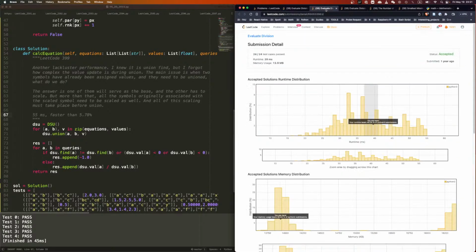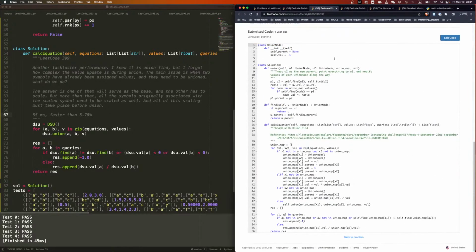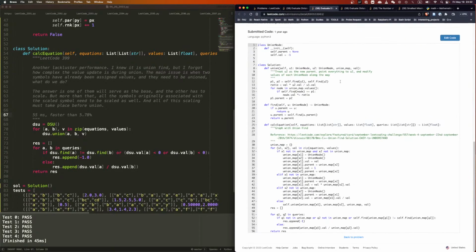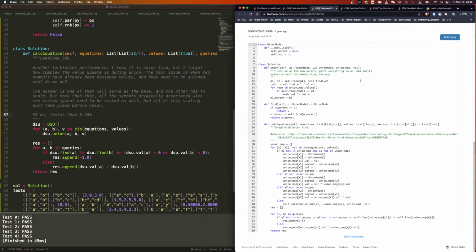Okay, so this is the previous method. Graph. Ratio. You see the ratio? Yeah, that's what we need to do. I don't think I did this myself.